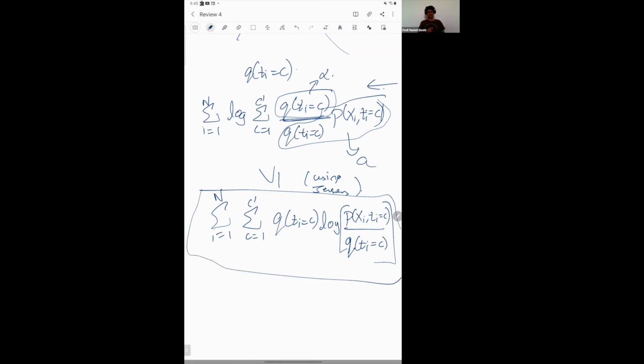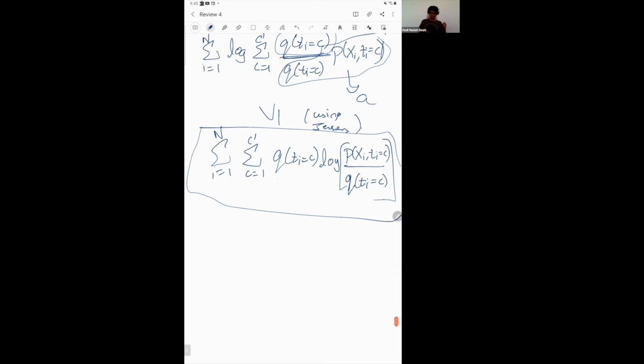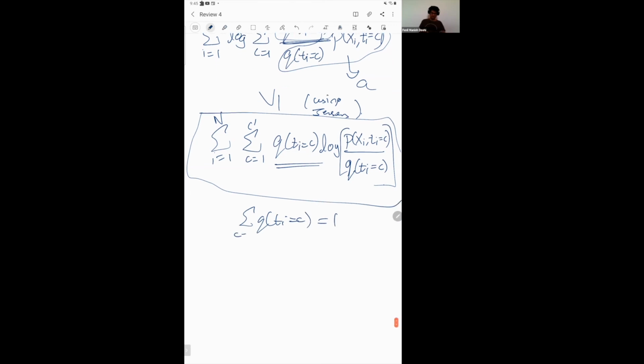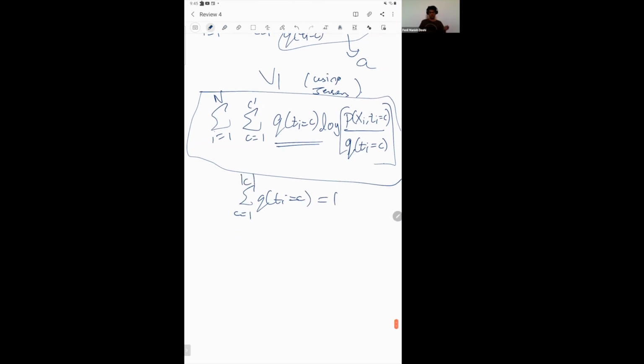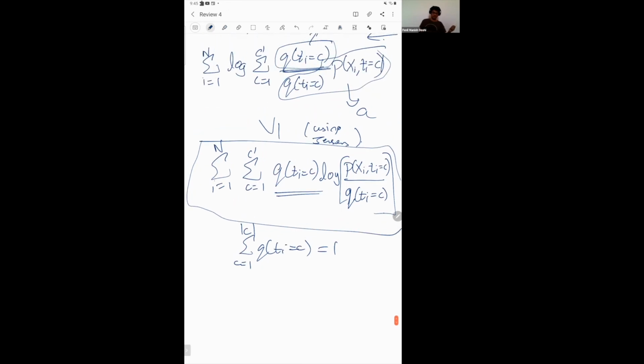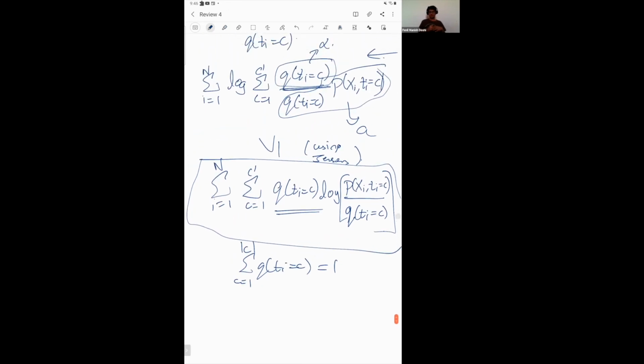And now we have this additional free parameter q, which dictates our q of ti. It's simply a distribution. It needs to ensure the summation over all the values that c takes needs to be one, as we saw in Jensen's inequality. It's called a variational distribution, and we would vary it by changing q of ti.